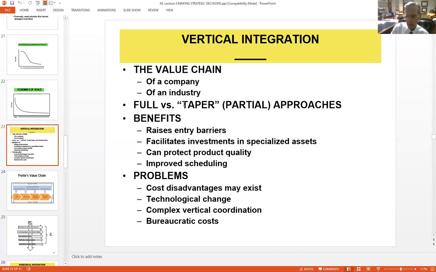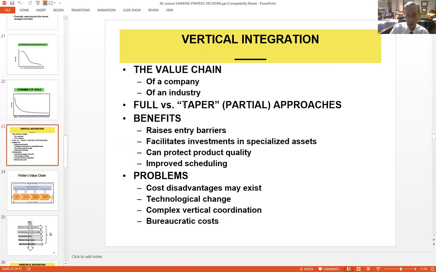And you can see the benefits here. If we can do this well, it'll make it difficult for other companies to come into the industry because they won't have all those abilities. It may be that we'll be able to make some improvements in those suppliers or distributors so that we can do things that our competitors can't see us doing with specialized assets, which will enable us to differentiate.